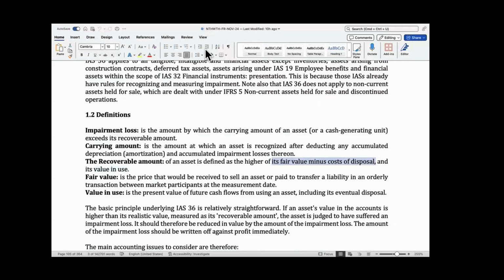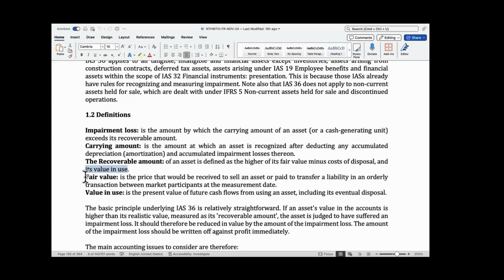This fair value minus cost to sell, you will see that it can also be called net realizable value, and its value in use. So when you have net realizable value and you have value in use, the higher of the two is recoverable amount.